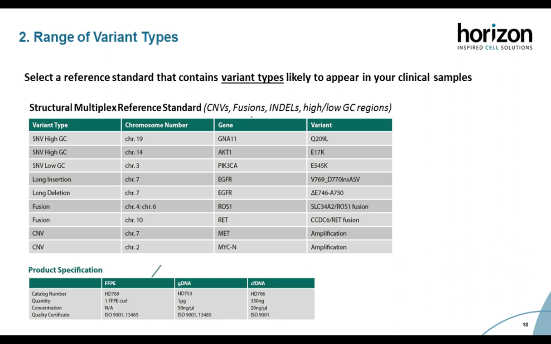So we have copy number variants, fusions, indels, and variants present in high-low GC regions. You can see that the structural multiplex reference standard is available in 3 different formats to best meet your needs: FFPE, genomic DNA, and cell-free DNA.